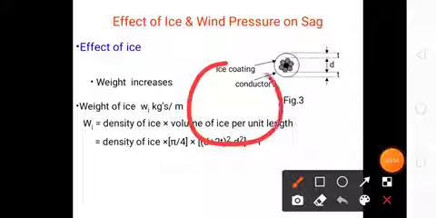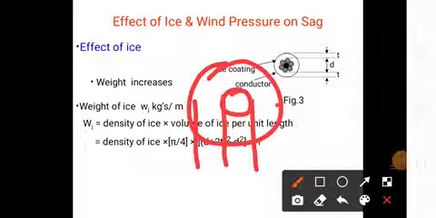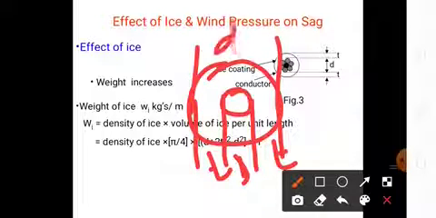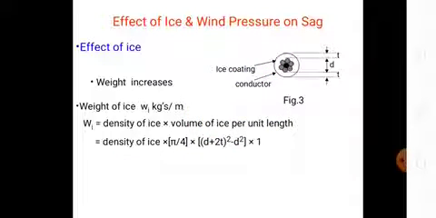So here is a conductor, here the thickness t and t. The internal diameter is small d and the total diameter is capital D. Capital D is equal to small d plus 2t. And ice density, that is here, d plus 2t whole square means d square plus 4 d t plus 4 t square, minus d square.